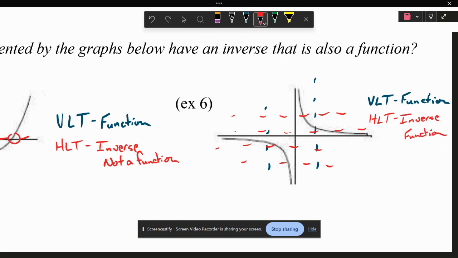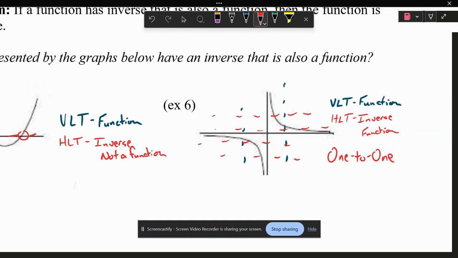So now, because they're both functions, this would be considered one-to-one, meaning that there are no x or y values that will repeat. If for some reason one of them is not a function, then an x value will repeat or a y value will repeat. In this case, because they both are functions, a y and an x value do not repeat, making it what we consider one-to-one.